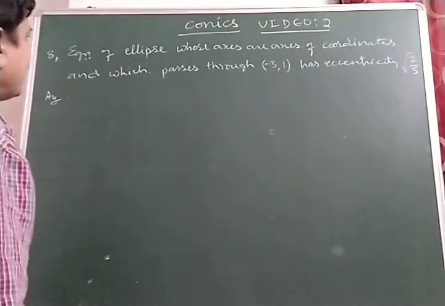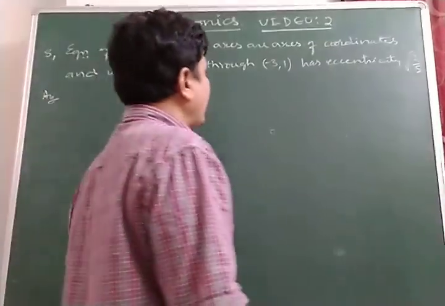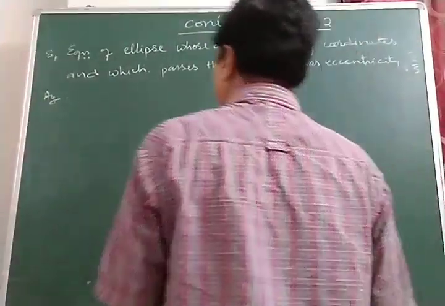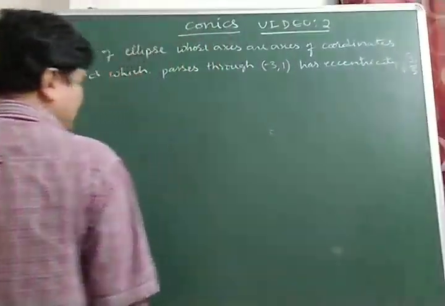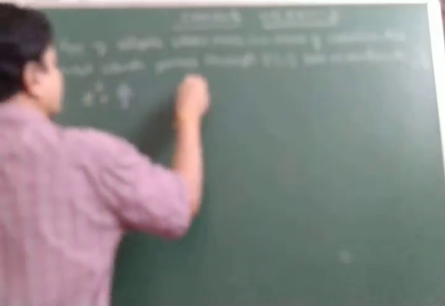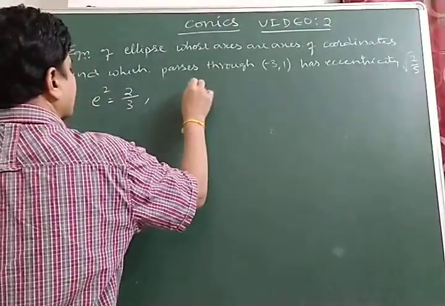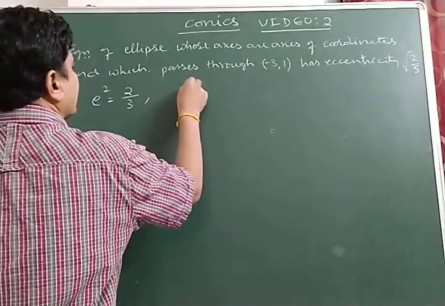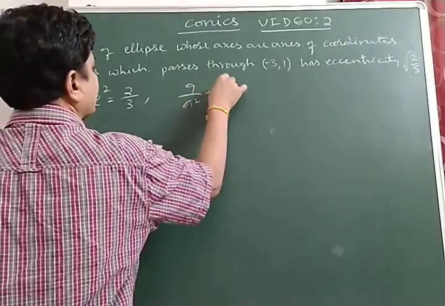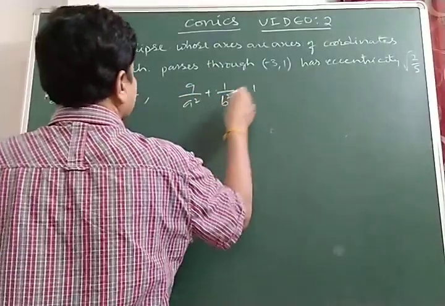Question number 8. The equation of the ellipse whose axes are the coordinate axes and which passes through the point minus 3, 1 has eccentricity e square is equal to 2 by 3. The ellipse passes through the point, so 9 by a square plus 1 by b square is equal to 1.